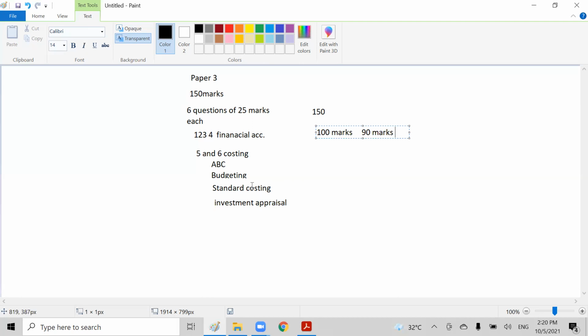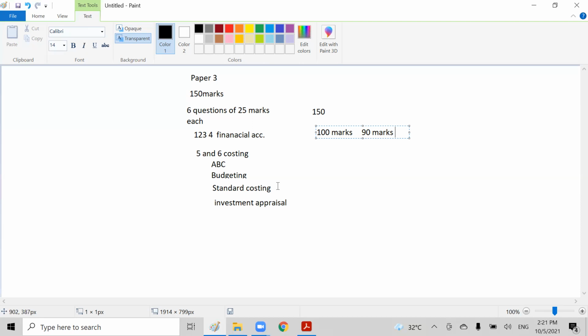This is how your paper pattern is going to be for your exams. I will be very open with you because nothing should be hidden from you. Generally, it seems as if the A2 syllabus is of 3 to 4 months, but it is not true. It will take around 6 months to cover the whole course if you want to do it along with past papers.